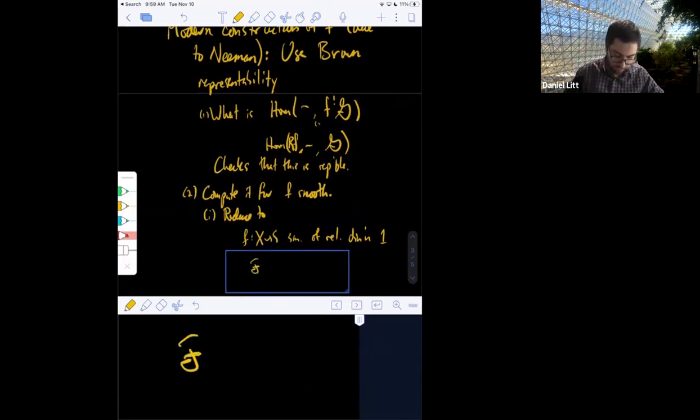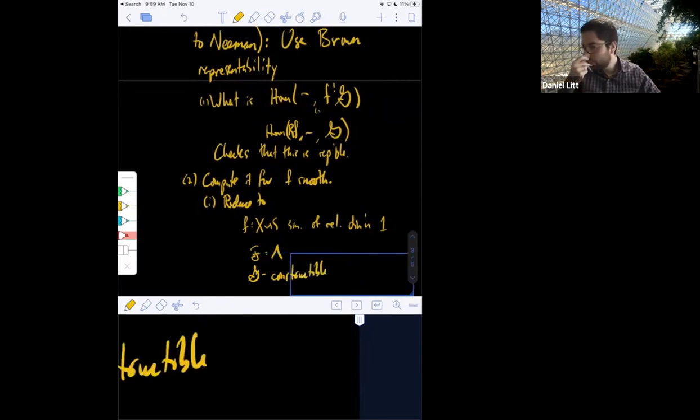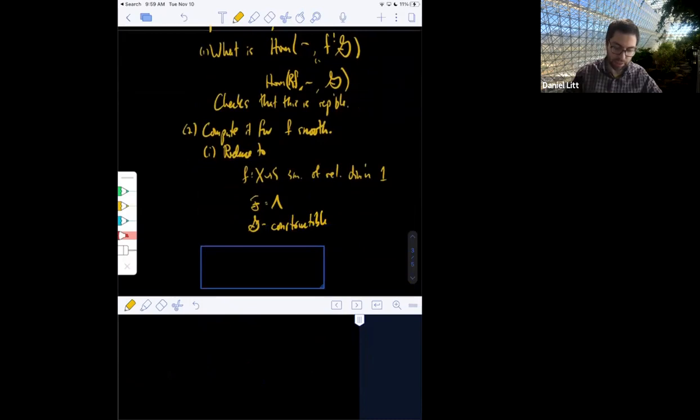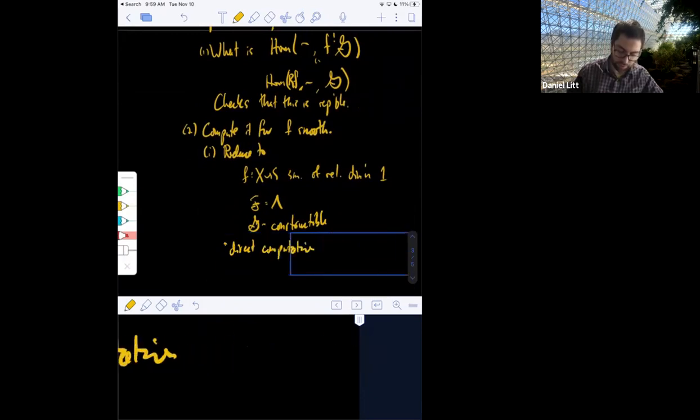Your sheaf here is constant, so that you can do by taking a resolution, and some other dévissage. So G you take to be constructible. And then this is in some sense a direct computation. It's still a highly non-trivial computation. It's very closely related to what we already did for curves.